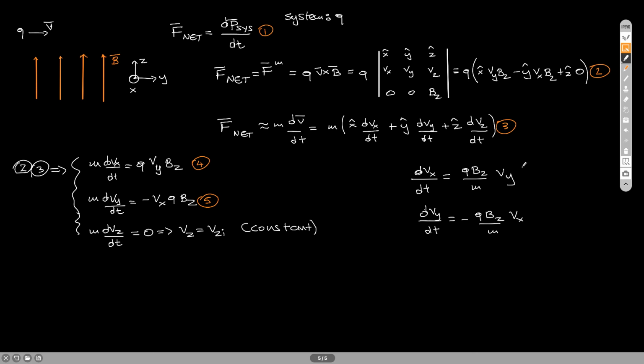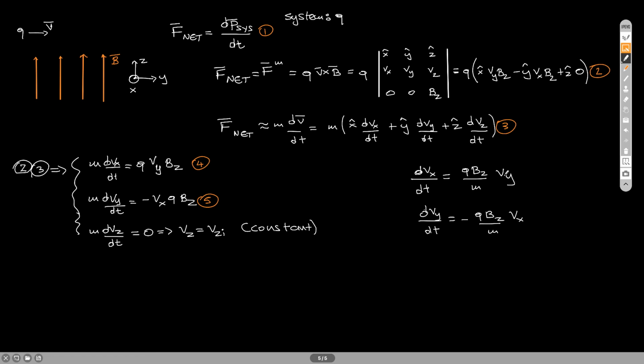I do want to mention now something important. I have shown you in the past how to solve simple first order differential equations by separating the variables, one on the left, one on the right, and then integrating. Now there is an issue here. What is time dependent and what is constant? q, bz, m, those are constants. Those do not depend on time. Now vx, the x component of velocity, does depend on time, and vy does depend on time, and they are not the same thing.